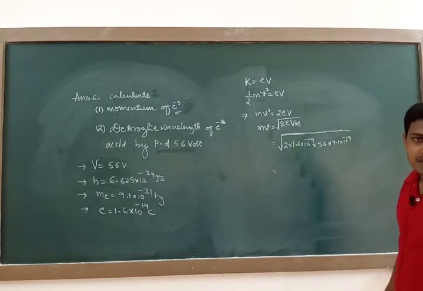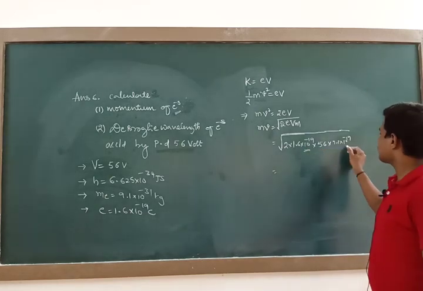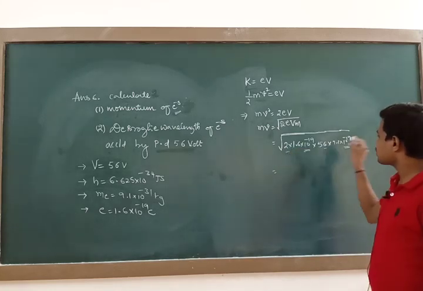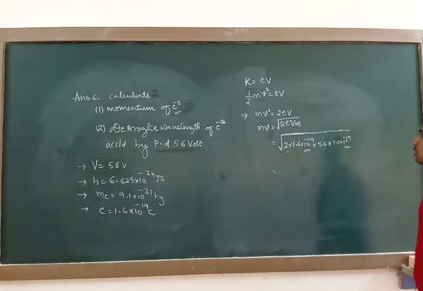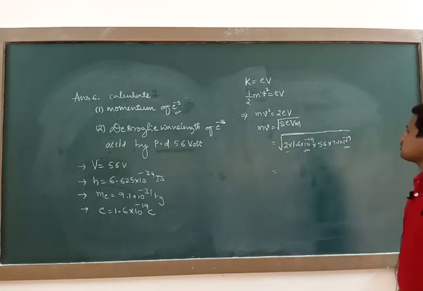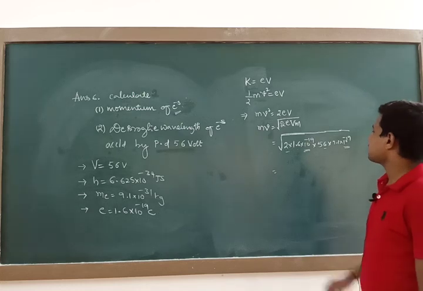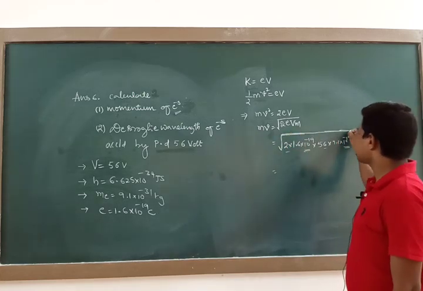Every time I told you that while solving the numericals, first you simplify the powers, later on you go for multiplication, and if possible you take the square root of it. Okay, then next you put the solution for this.